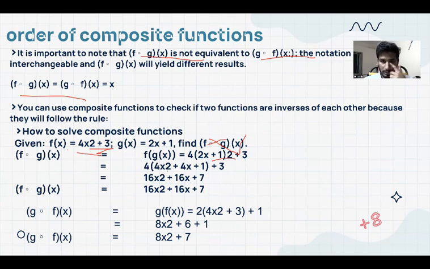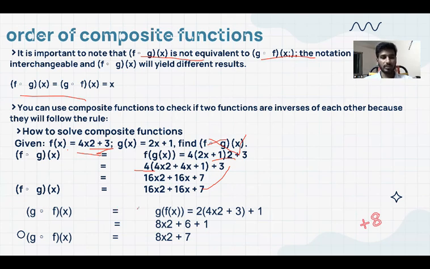So 2x whole square is 4x square, plus 2ab which is 4x, plus 1. Multiplying with the constant 4, we get 16x square plus 16x plus 4, plus 3, which is 16x square plus 16x plus 7. This is the answer.